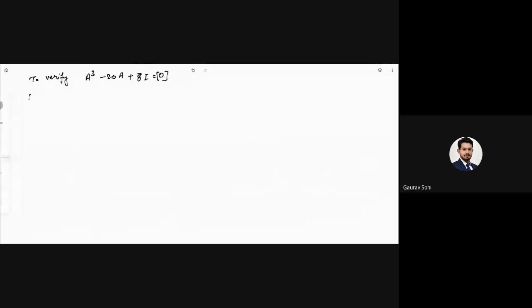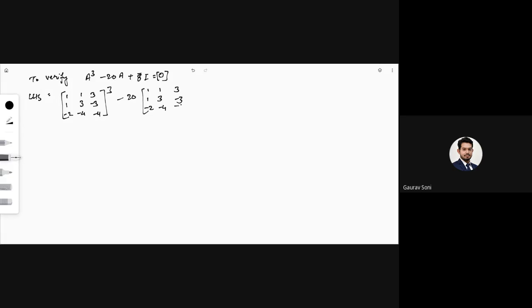So LHS is equal to the matrix A, which is 1 1 3, 1 3 minus 3, minus 2 minus 4 minus 4, cubed, minus 20 times 1 1 3, 1 3 minus 3, minus 2 minus 4 minus 4, plus 8 times the identity matrix, 1 1 1 with other values 0 0 0.